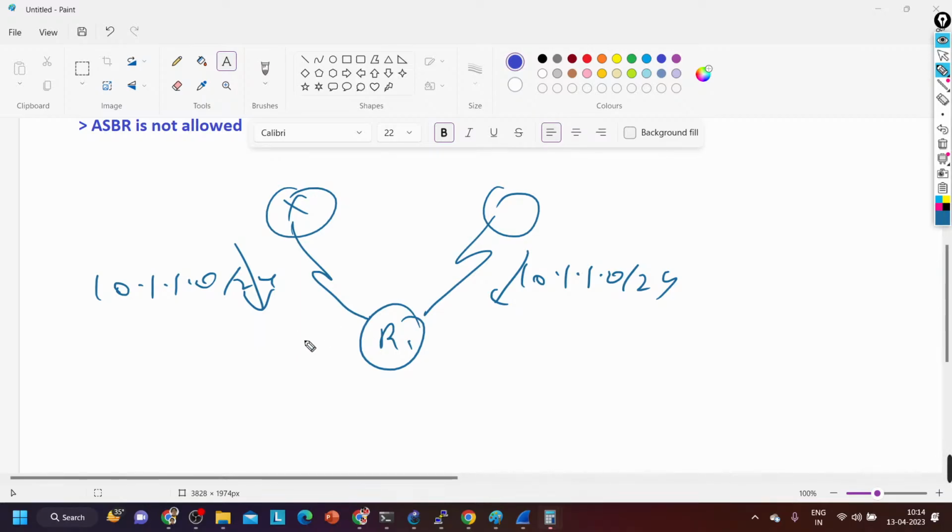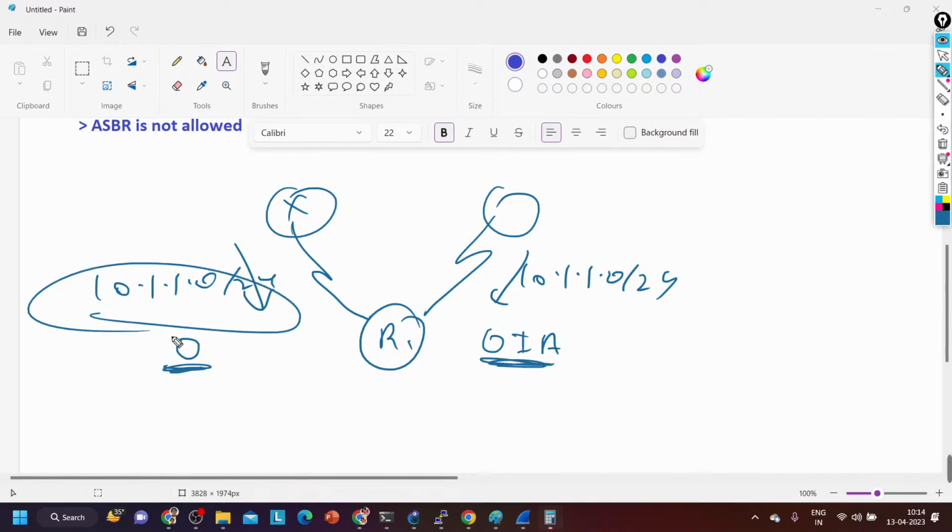OSPF is not going to check metric directly, but EIGRP will check metric after AD value. But OSPF will check that here I am getting this prefix with O, and this prefix I am getting with OIA, meaning intra-area prefixes. So this one is more reliable than this one. It will install this path.